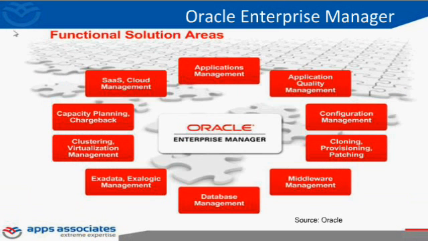From the familiar database management and applications management that you see represented on the top and bottom, it goes through quality management, configuration management, many of the administrative activities with ERP tools such as cloning and patching and provisioning, through middleware and engineered systems management, and so on and so forth across the various infrastructure components.